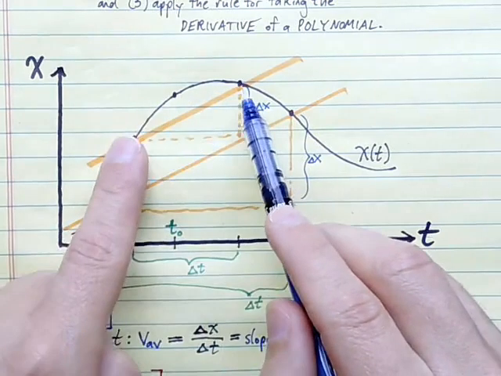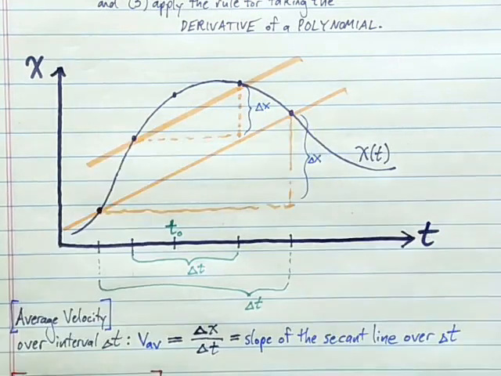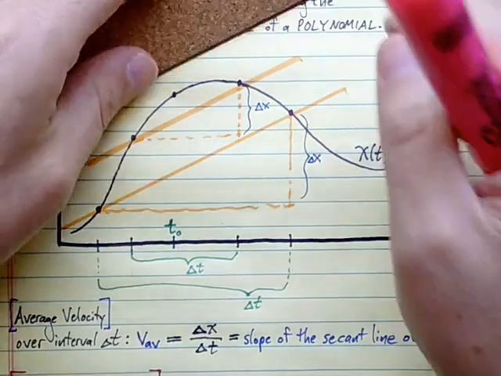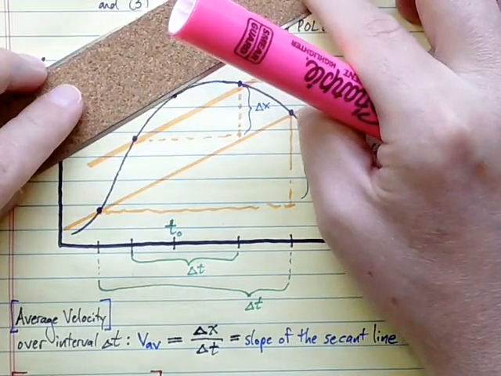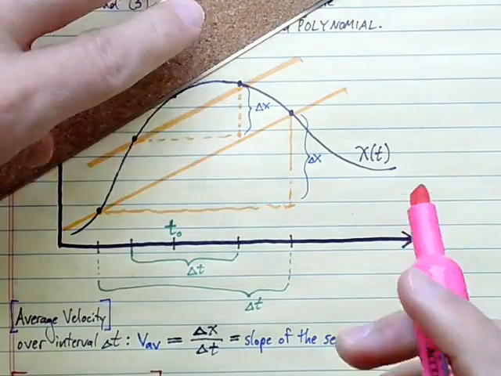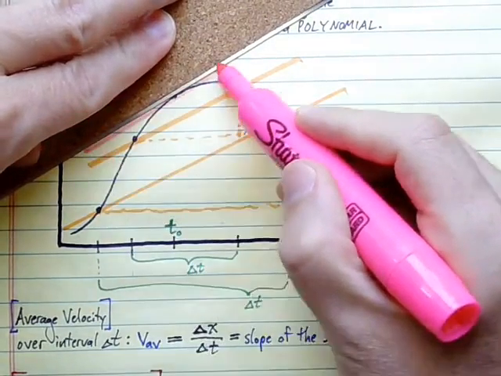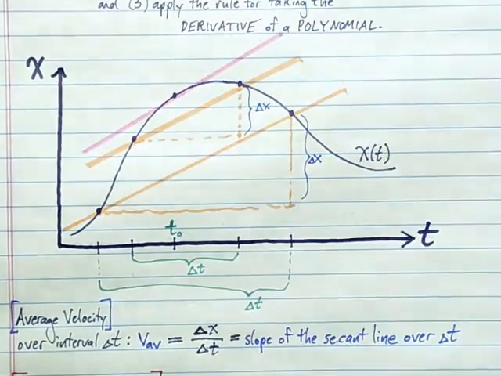What if we let delta t go to 0? Then our secant line would eventually become the tangent line. If we let those 2 points get closer and closer together until they merge, then we'd have a line that intersected the graph at just 1 point, that touched the graph just at that 1 point there.